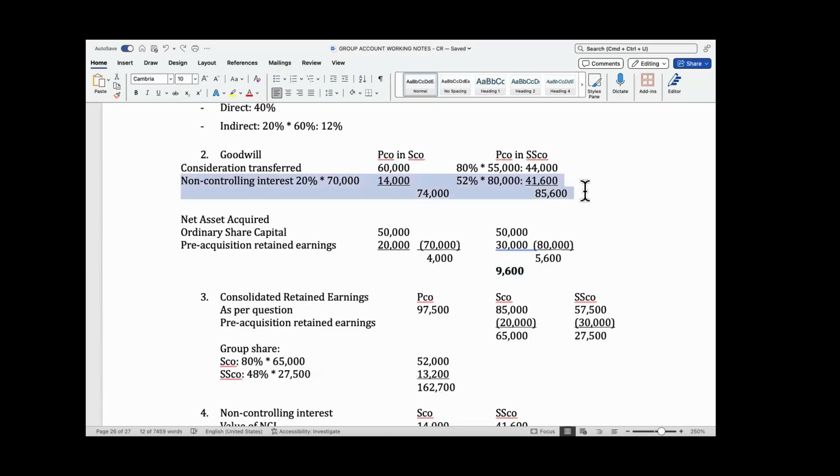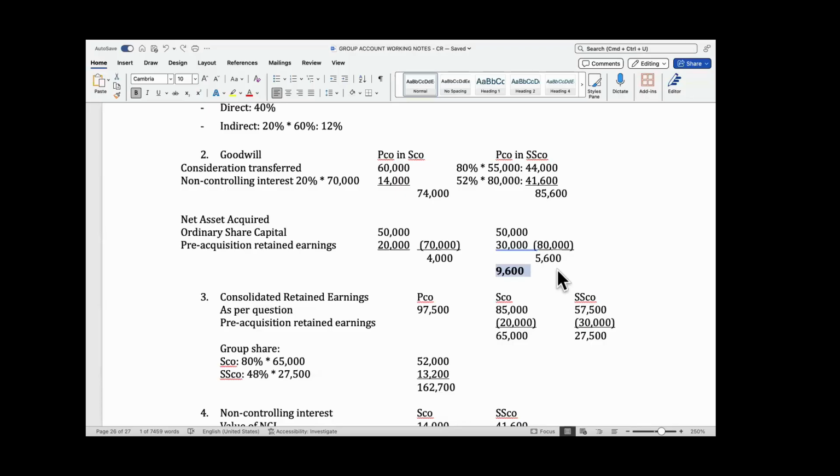The only instance where NCI has an impact on goodwill is where the examiner gives you the NCI figure, or they tell you that NCI is measured at fair value. That is when it can have a share. Even at that, your goodwill, you put it in, you consolidate it.